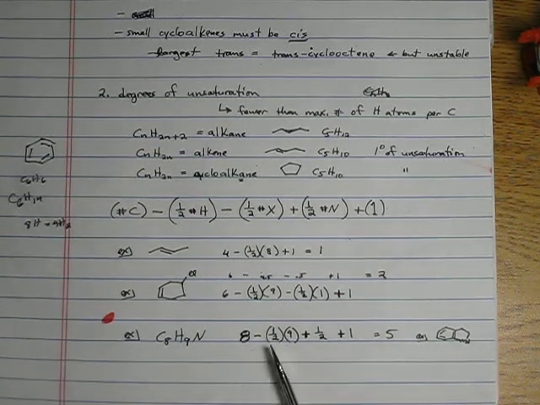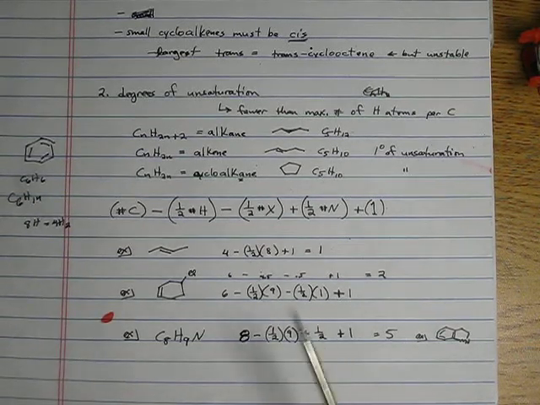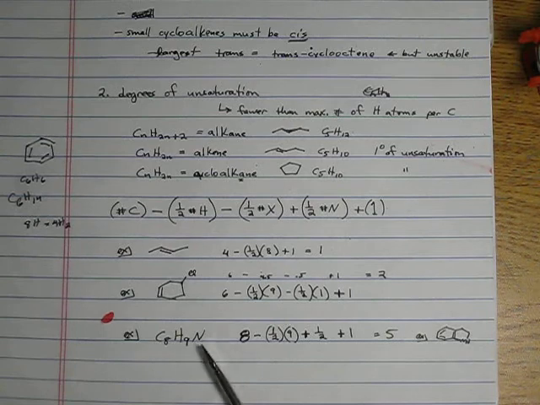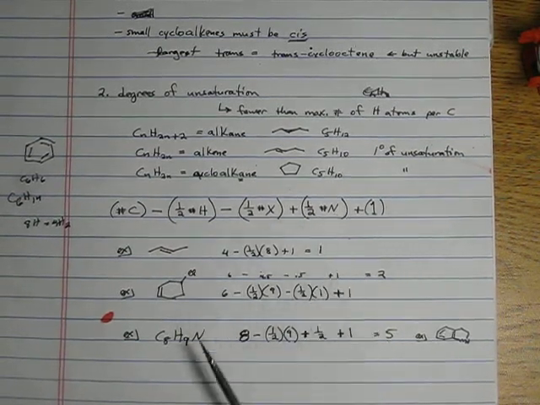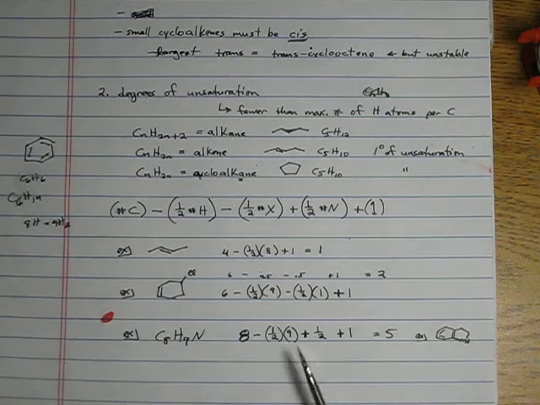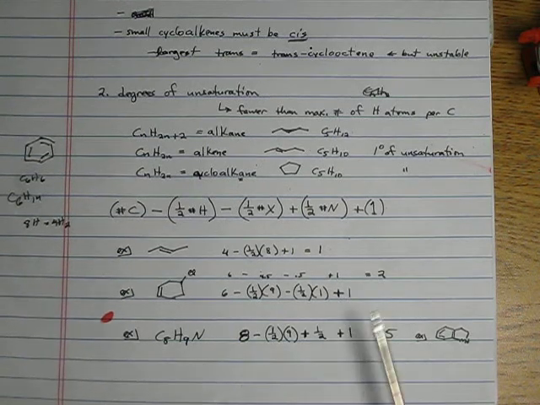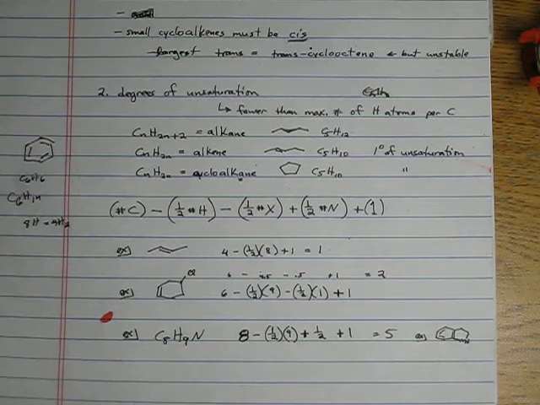So we're at 8 minus 4.5 is 3.5. We've got 1 nitrogen, so we have to add 1/2 of nitrogen, so we're at 3.5 plus 1/2 is 4, plus our 1 is 5. 5 degrees of unsaturation.